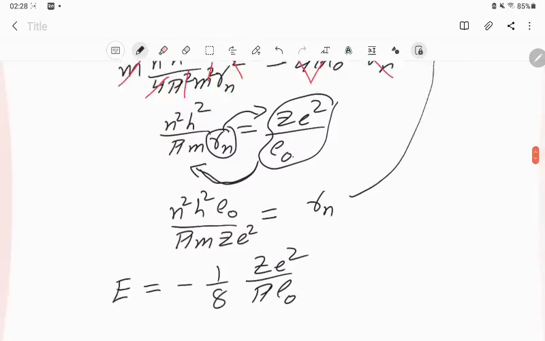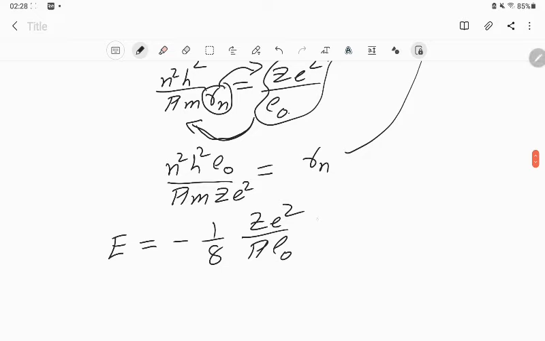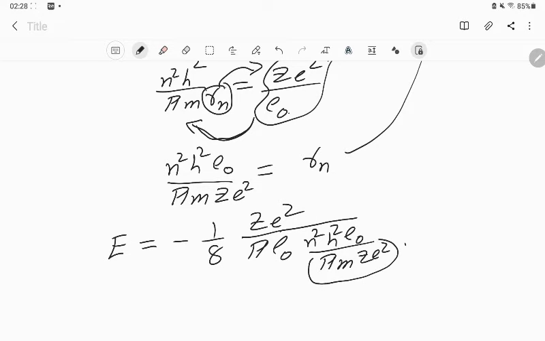Here we don't have a square, so directly we can put r_n, which is in downside: n squared h squared epsilon naught divided by pi m Z e squared. Now this downside one will come to this side.